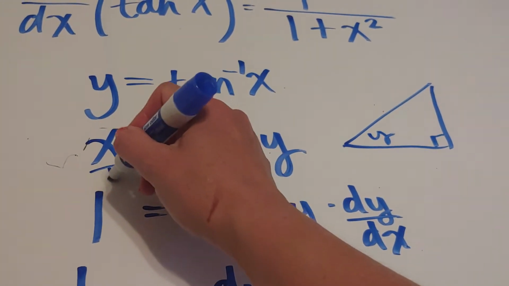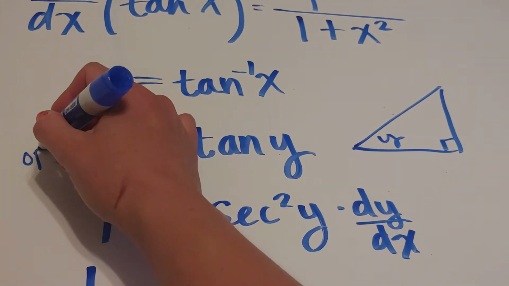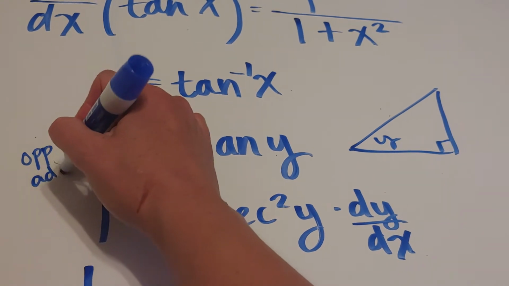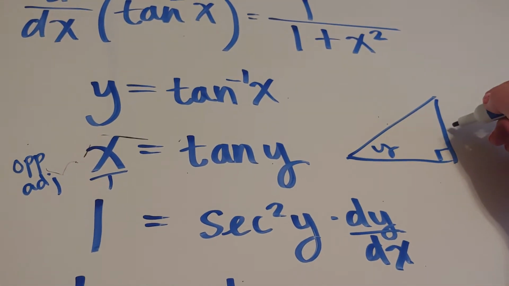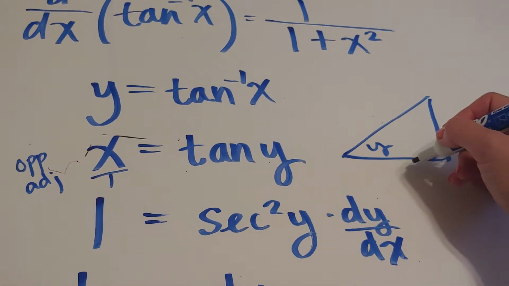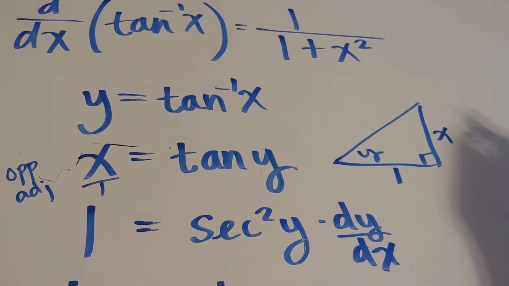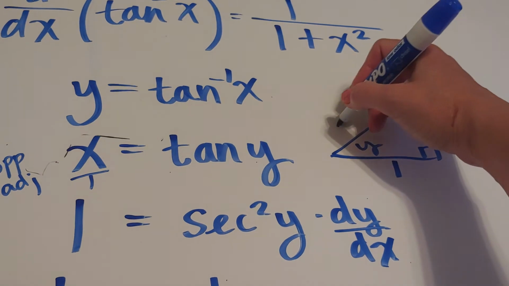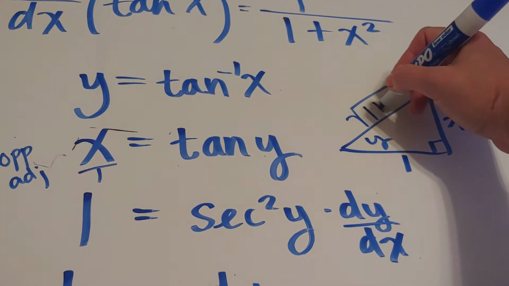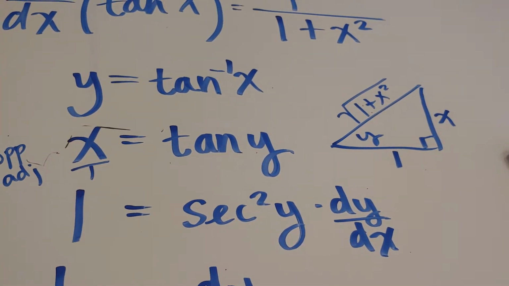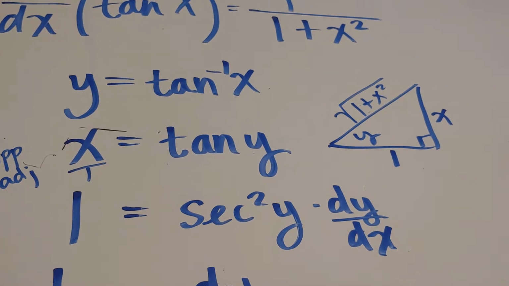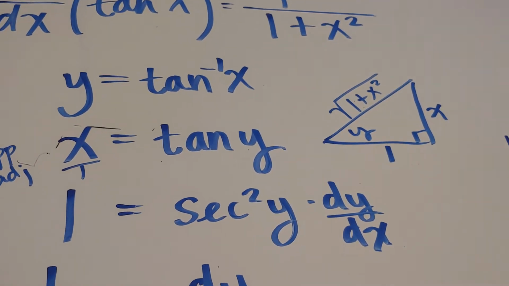This would be x over 1, and tangent is opposite over adjacent. So the opposite is x, the adjacent is 1. And then this missing side would be the square root of 1 plus x squared. Let's see, 1 squared plus x squared, yep, that equals the hypotenuse squared.